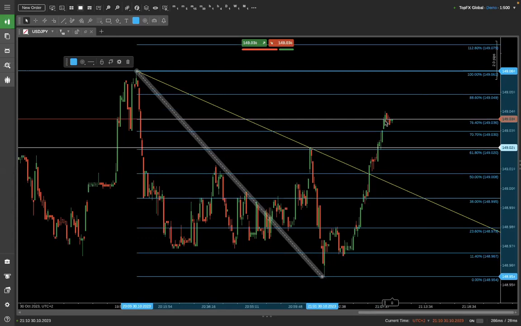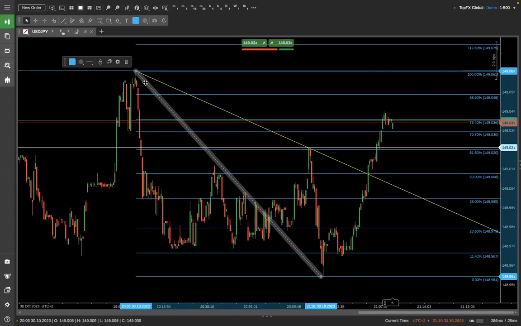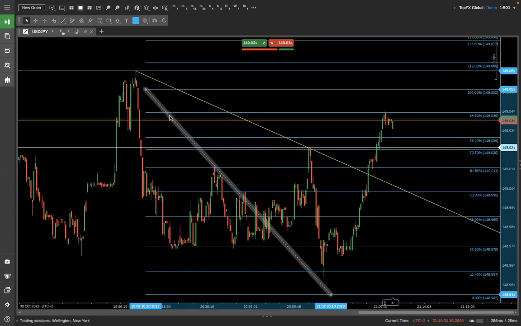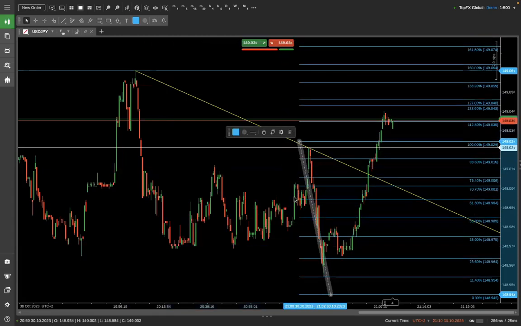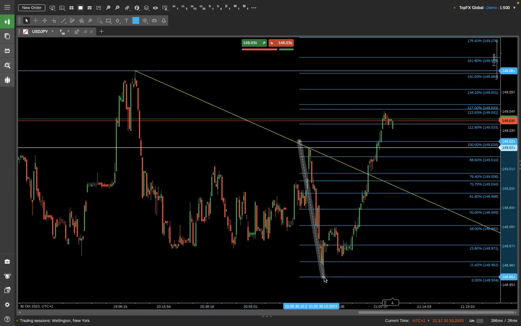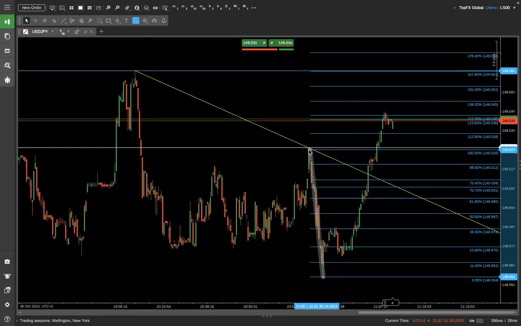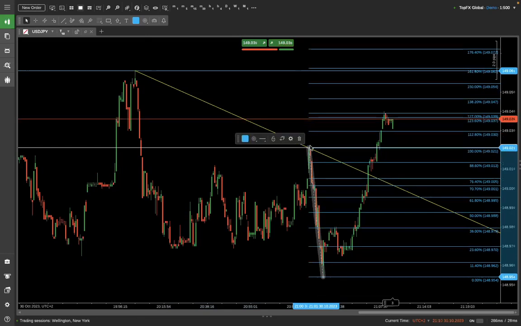As you can see, we retrace 74% of this recent two-swing movement. Nevertheless, we can still do the external projections of the last movement to the downside, and according to our analysis, we just hit 127% of this movement to the downside.